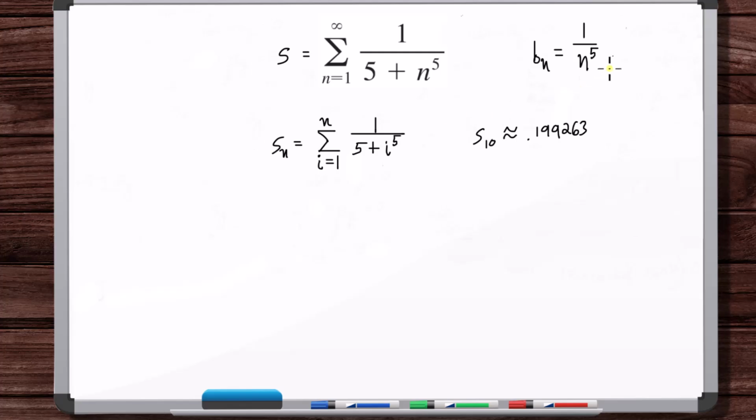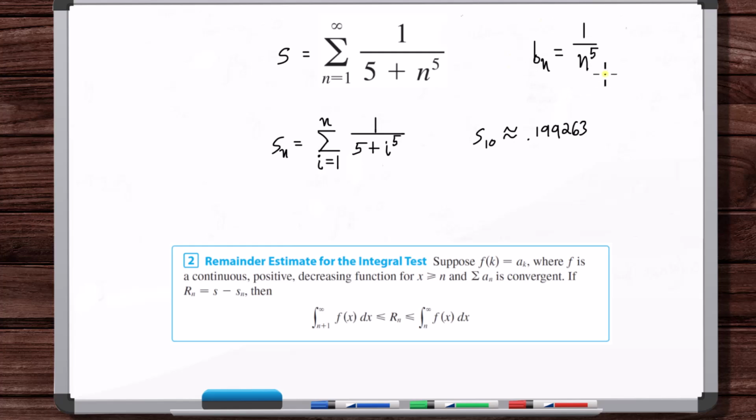In this case, the information we know about this particular sequence is based on the integral test, when we studied p-series with the integral test. So we're going to call this a T sub n using the remainder estimate for the integral test. There's a couple of ways of looking at this.